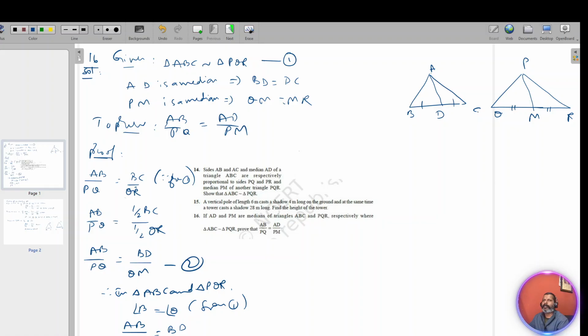AB by PQ is equal to BC by QR. But see, in this triangle we have AB by PQ equal to what? BD by QM, from 2. Then, therefore, SAS similarity.